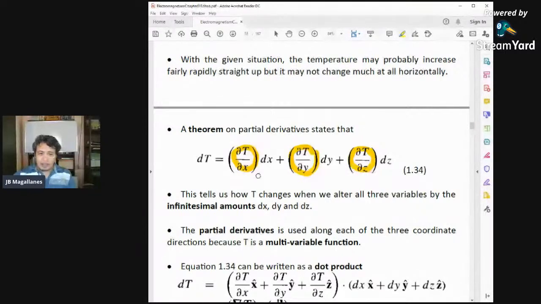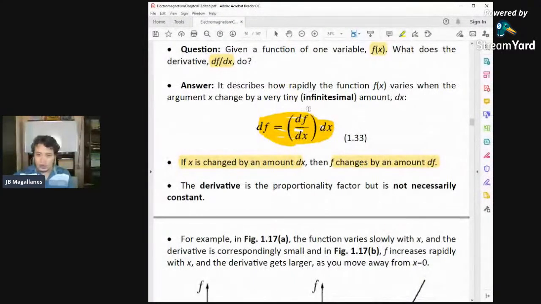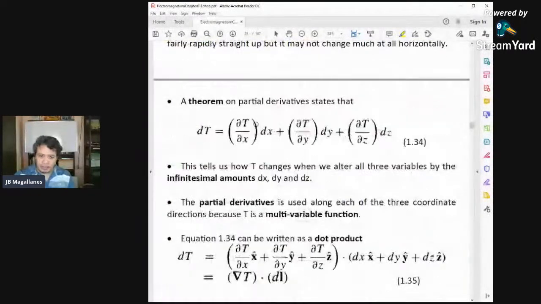And by the way, it looks different. Look at this. You're using the derivative here with a letter d, and here you're using a partial derivative. You're using a partial derivative because t is a multivariable function. You have a function which has variables x, y, and z.